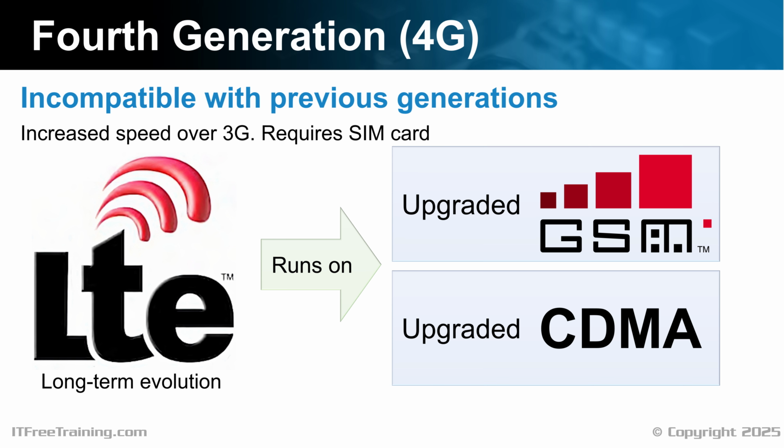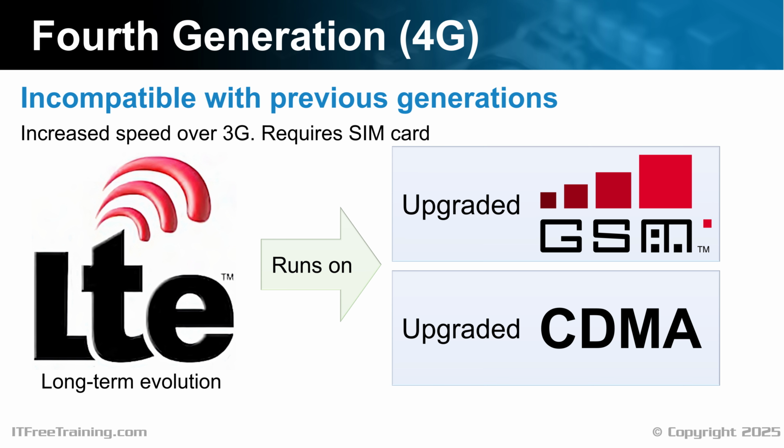Thus, the old 3G networks could be used, they just needed to be upgraded. Part of the upgrade, they made it so you have to have a SIM card. Thus, if your mobile device does not have a SIM card, it is a CDMA 3G device. If your device has a SIM card, it could be either.